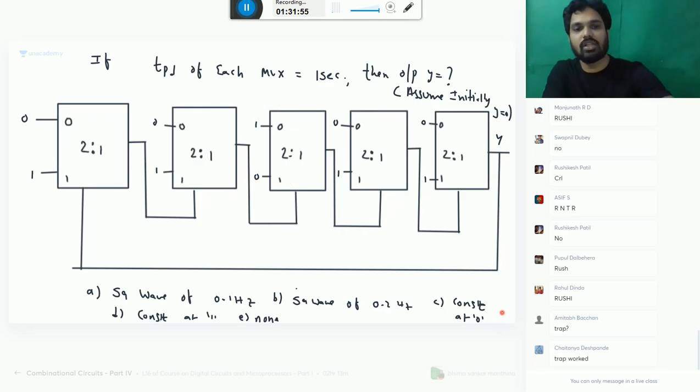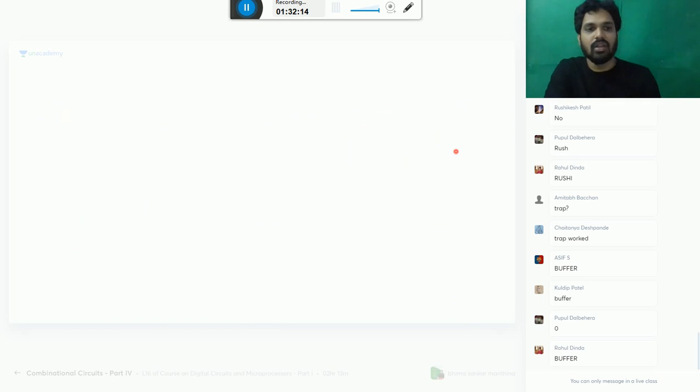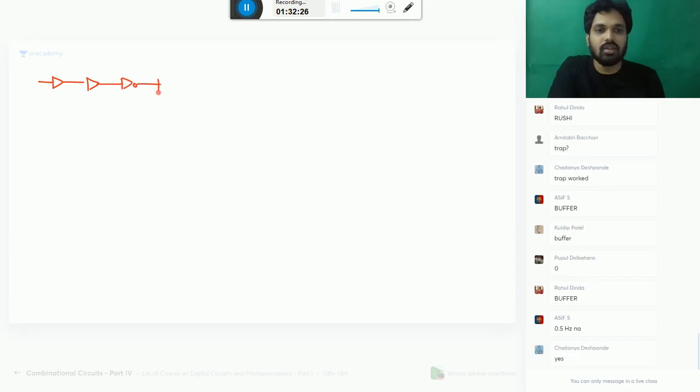I'm sorry, I made a wrong thing. Here it is a buffer. Only this is an inverter. This is a buffer. This is a buffer. Please understand. So forget about those options. It is like this. I typed the wrong answer, but the question is correct. I think fewer people gave that right answer.